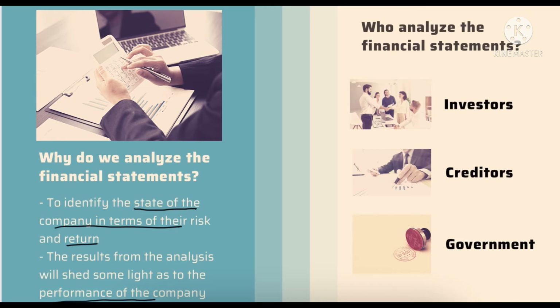If we calculate the liquidity ratio or the profitability ratio, we know how the company is doing. Is the company making a lot of profit or not? Does the company have enough liquidity to cover its short-term liabilities? From that analysis, we know the performance of the company.